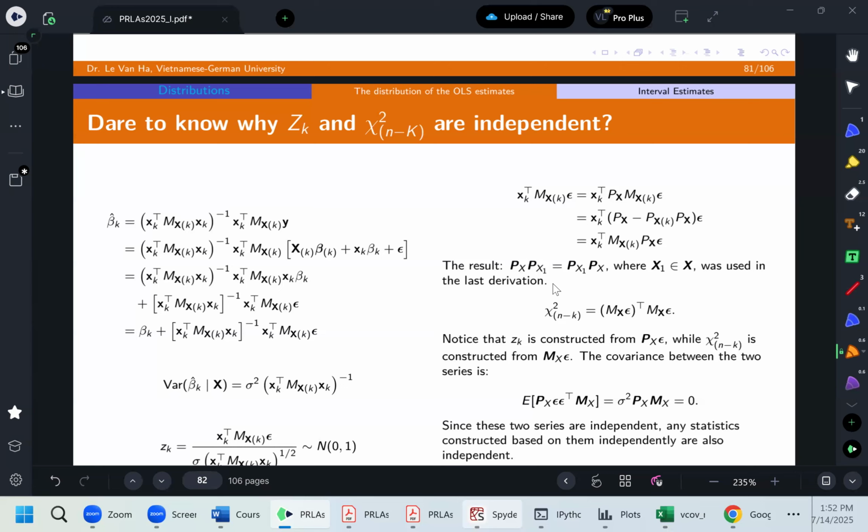One condition is there. The z and the chi must be independent in order for it to be a t distribution. And here is the proof that they are independent, right? So please have a look at it.